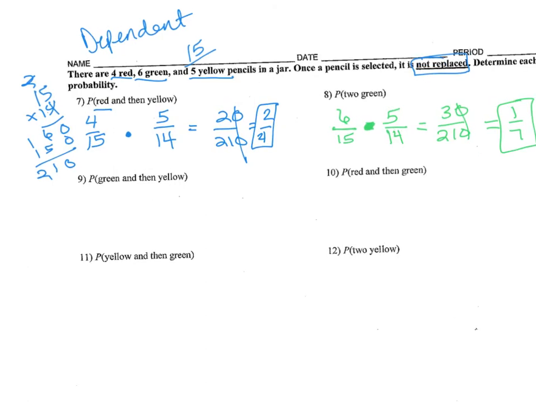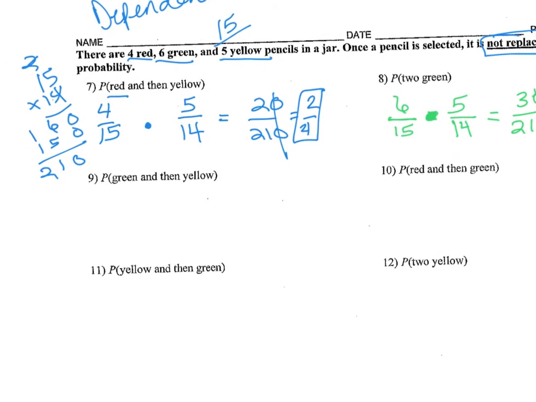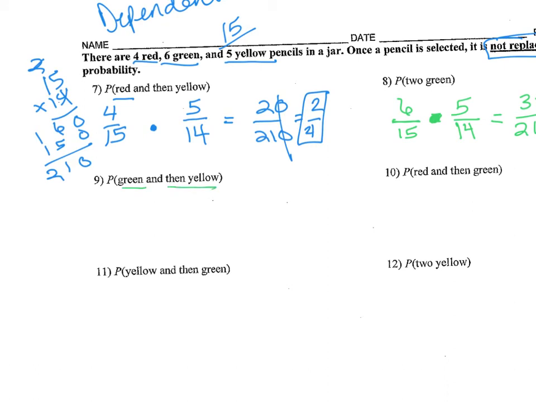Okay, number 9. The probability of a green, then a yellow. The first one's going to be over 15. I'm starting over. I've got 15 pencils. So I've got 6 over 15 green starting out. I haven't taken anything out yet. Then I want to pull a yellow.